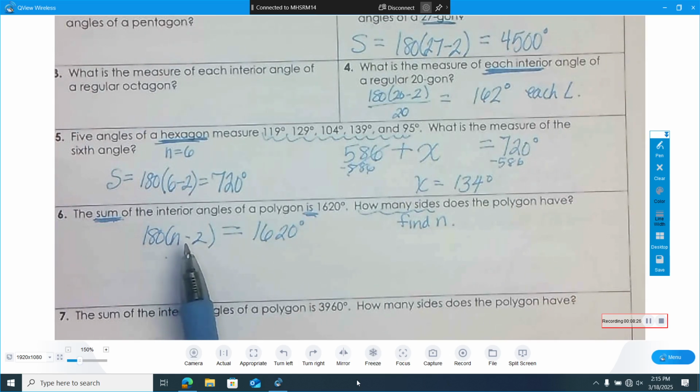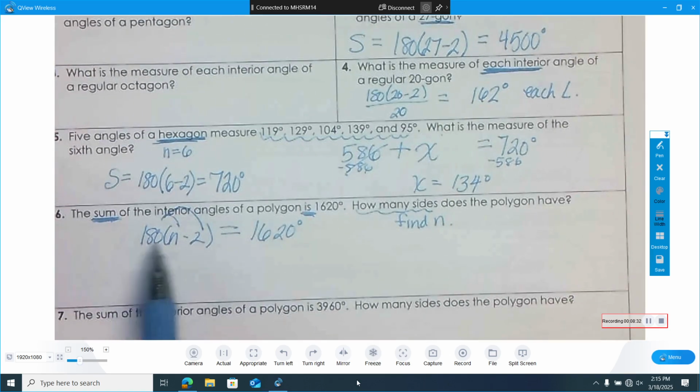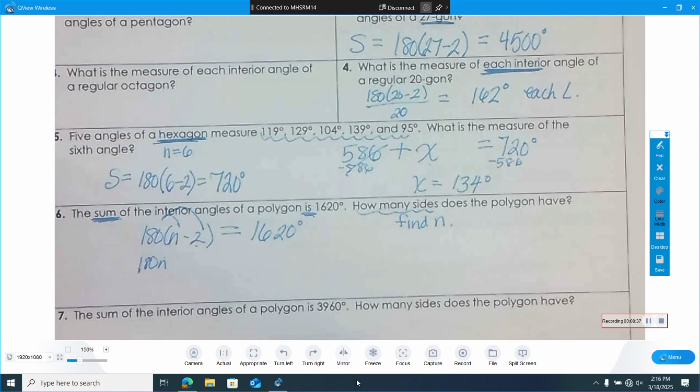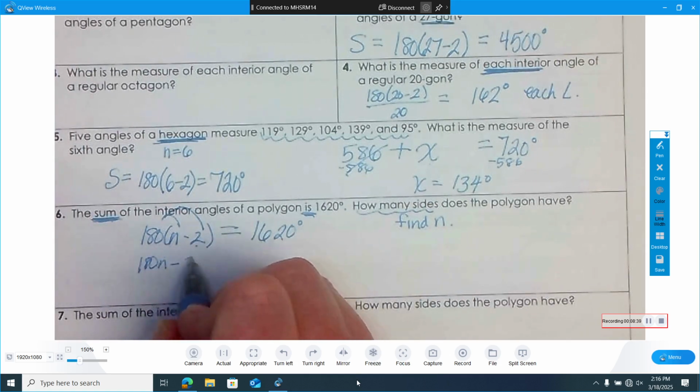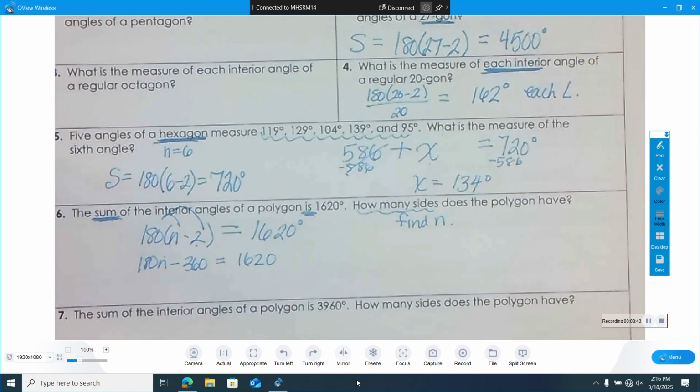There are multiple ways to solve this. I would do it your way. Distribute is what I would expect most of you to say. So we're going to distribute. 180 times n is 180n, and 180 times negative 2 is? Negative 360. Okay, good. And then what do you want to do?